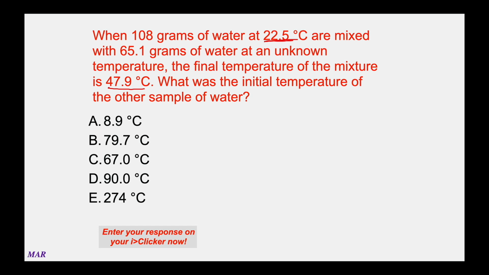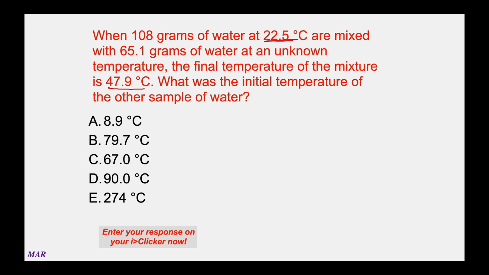So 22.5 is the cold, and we know that because the ending temperature was warmer, 47.9. That also means that the other water system had to be at a temperature greater than 47.9. It was hot. Hot goes down to warm. Cold goes up to warm. We've got the cold going up to warm. We just need to know what the hot is. So the goal here is to find the initial temperature of the other sample of water.